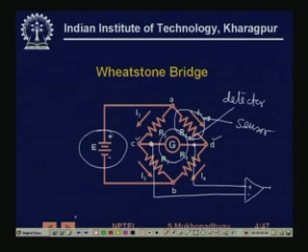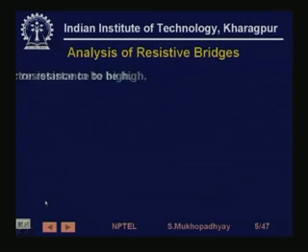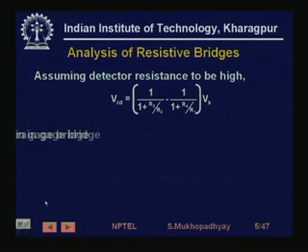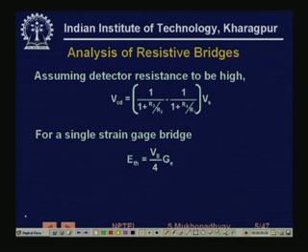Now if you see the behavior of the bridge, in an analysis, obviously from the previous diagram you can make out that the voltage between the C and D points, which is typically fed to the amplifier, or which is the output of the bridge, we can call the V output for the bridge.